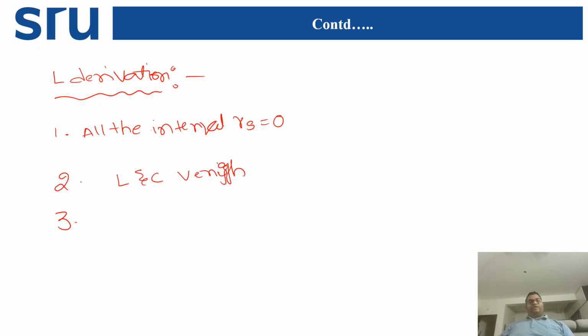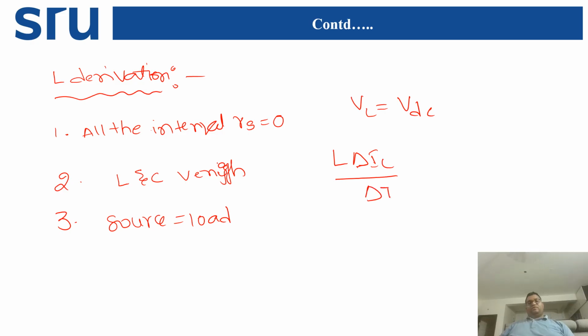Third, source power is equal to load power. Then from the input switch on condition, VL is equal to VDC. As we know, VL is nothing but L into delta IL by dt, that is di by dt, equal to VDC.